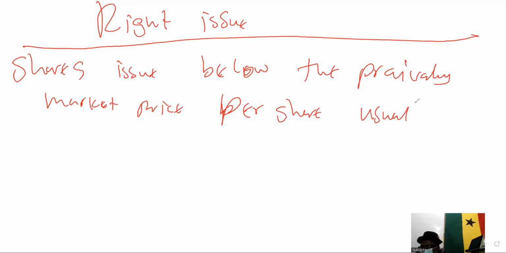Usually at a discount. The shares were issued at a discount. So take note, discounted shares.